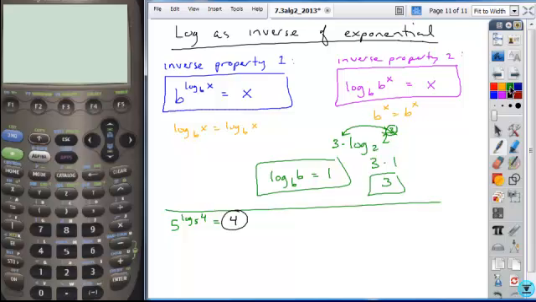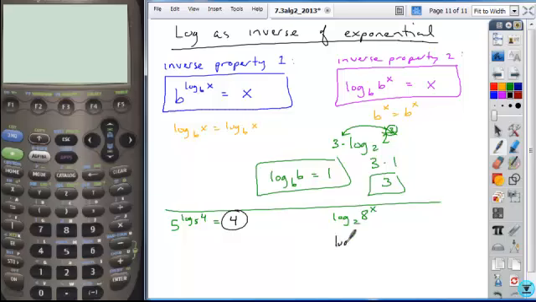Okay, what if you had something that looked like this? Log base 2 of 8 to the x. And I asked you to evaluate it or simplify. And so here we don't have the same base inside as out. Okay, but can 8 be written with a base of 2?